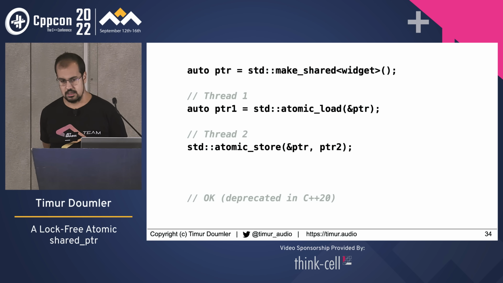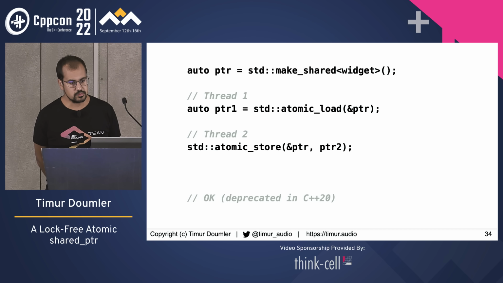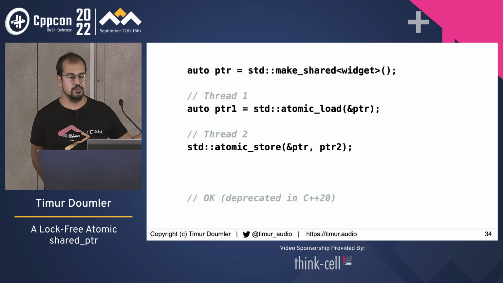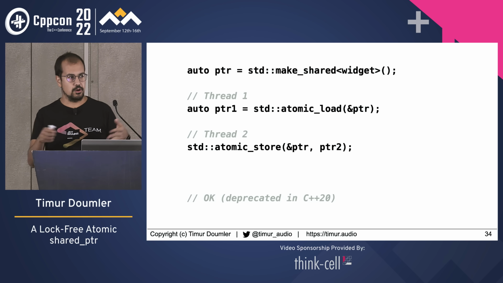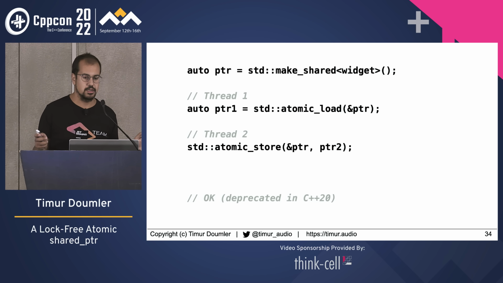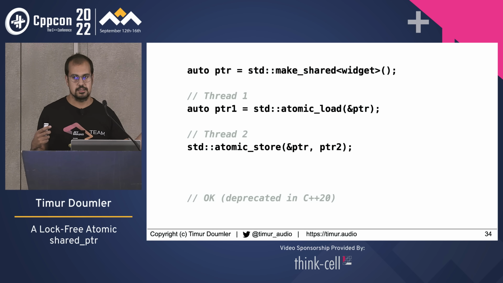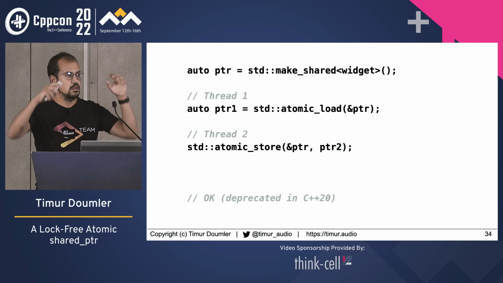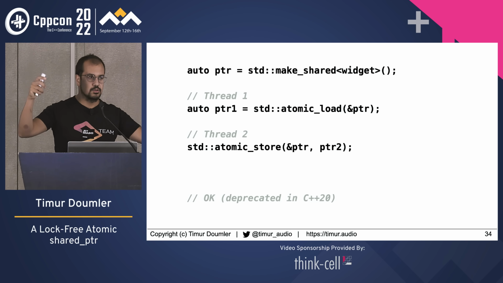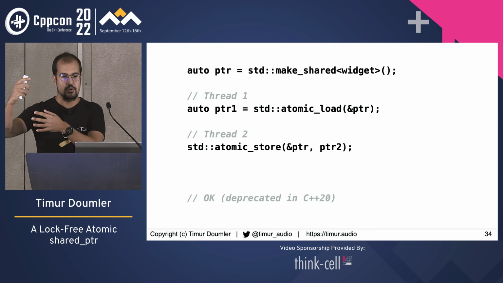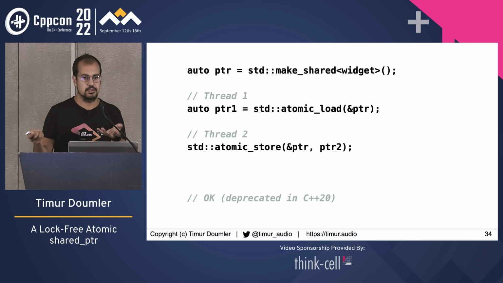One of those reasons is that it's impossible to implement this efficiently. Let's forget about the lock-free aspect for a minute, and the naive implementation of this would be you have a lock that guards the shared pointer, right? And if you have an atomic shared pointer class, you can put that lock right next to the shared pointer, right? You can encapsulate that in an object.